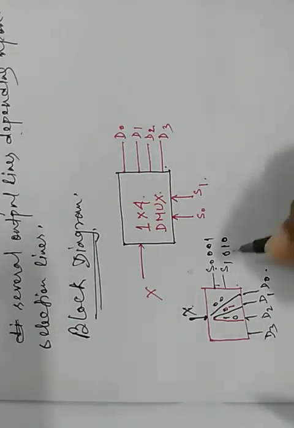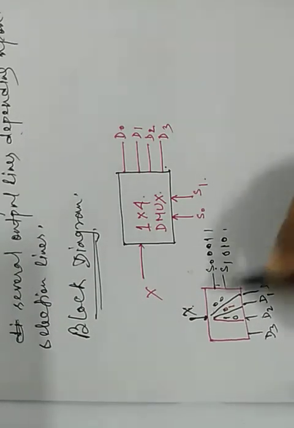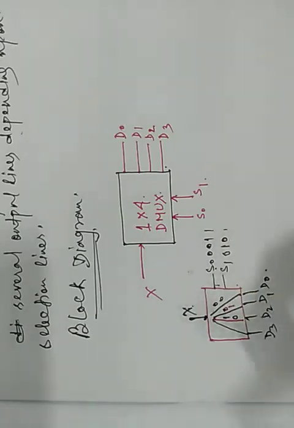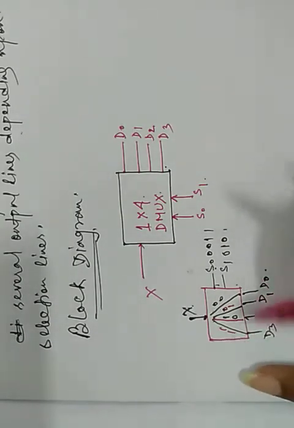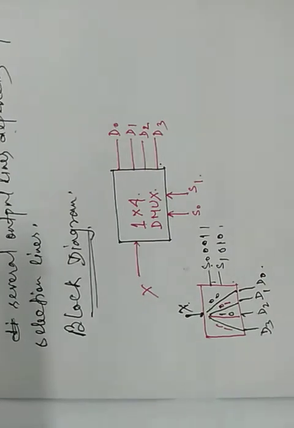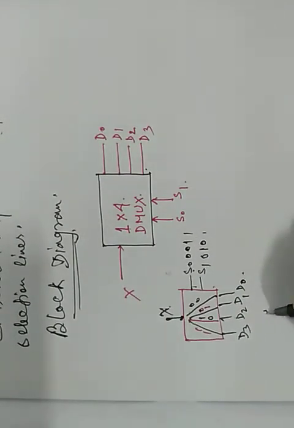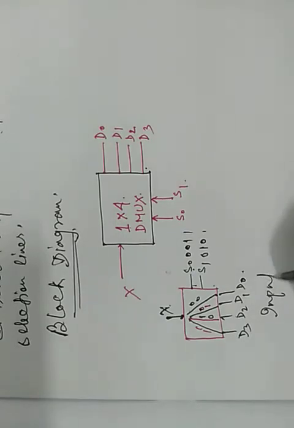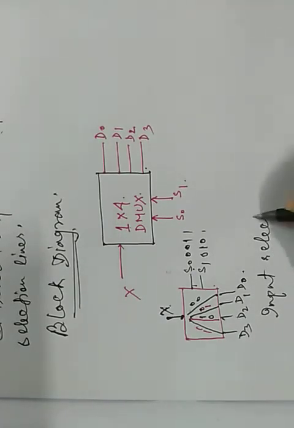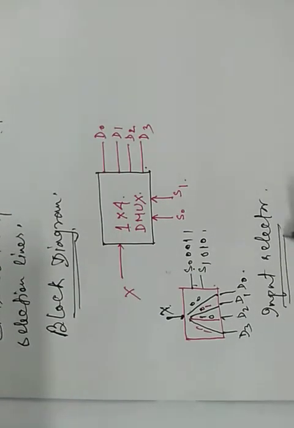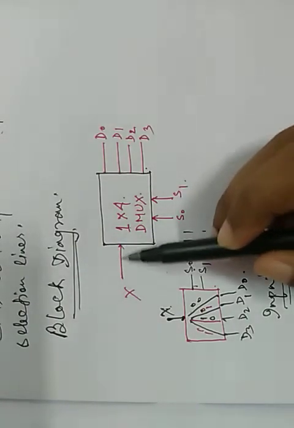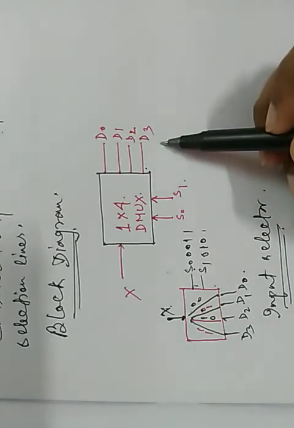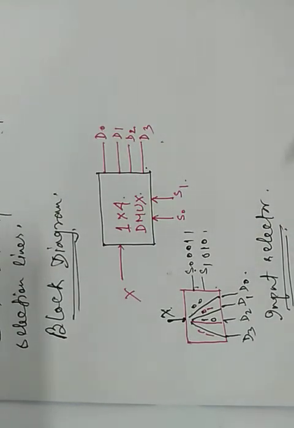When S0, S1 is 1, 1, X directs into D3. That is why it is also known as input selector. Multiplexer is known as data selector, and here, as the input line directs into different output lines, it is known as input selector.